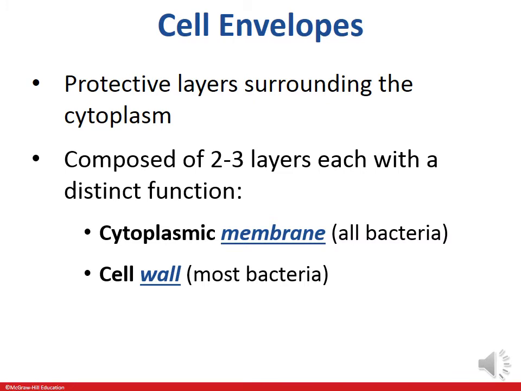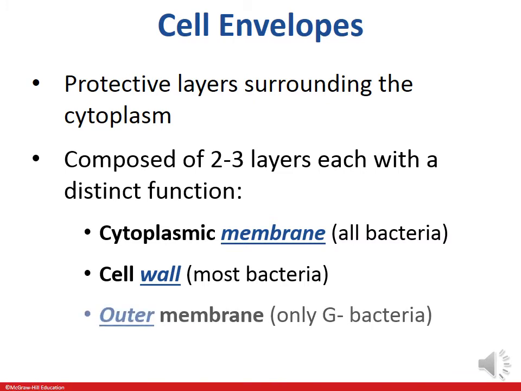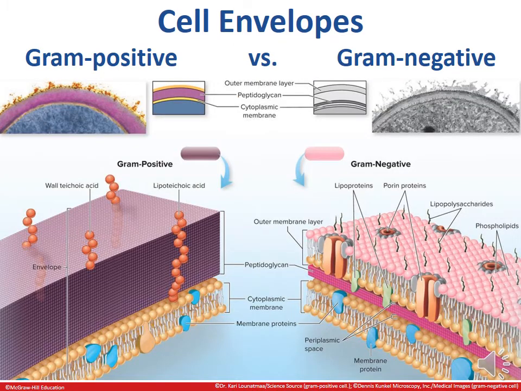So recall we mentioned peptidoglycan was the specific substance that bacterial cell walls are made of most of the time. So we're going to talk a lot about the cell wall. And then the outer membrane is a special layer that's only found on gram-negative bacteria. So we're going to look at what that looks like as well. If you compare the 2 main groups of bacteria, we're going to be looking at the gram-positives versus gram-negatives.